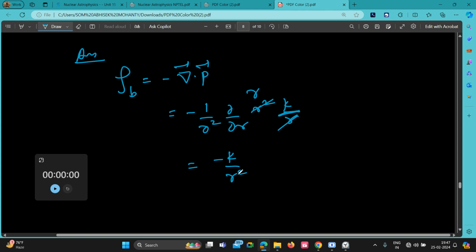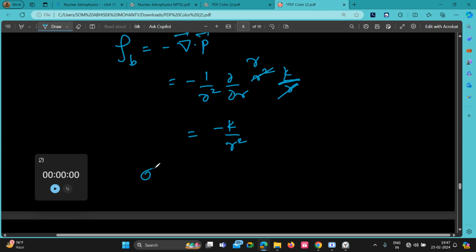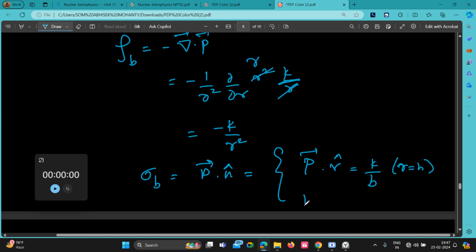Now sigma b is P vector dot n cap. The value will be P dot r cap equal to k by b at r equal to b, and minus P dot r cap will be minus k by a at r equal to a.